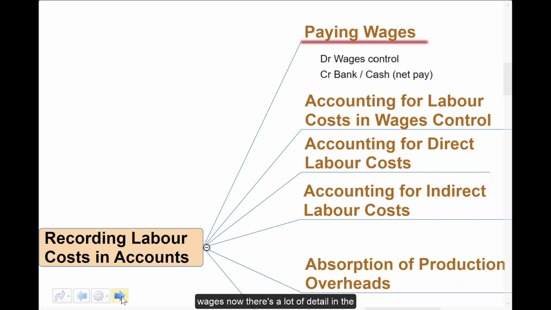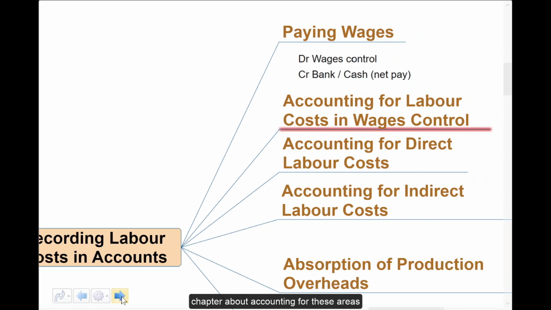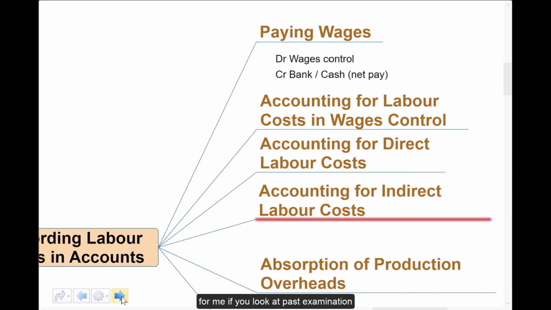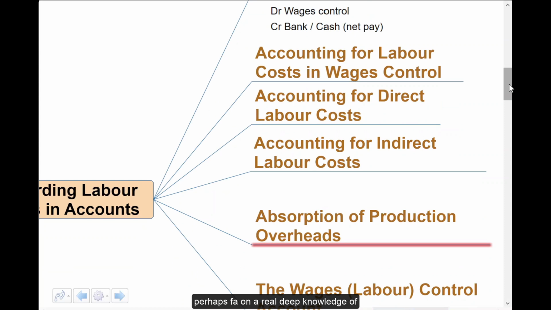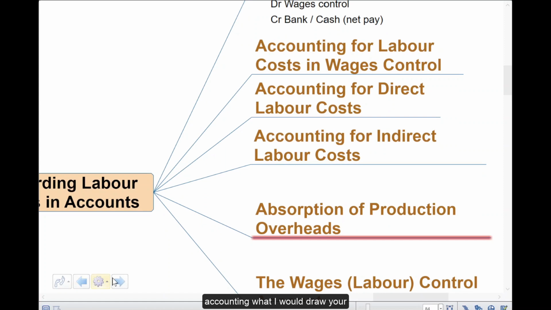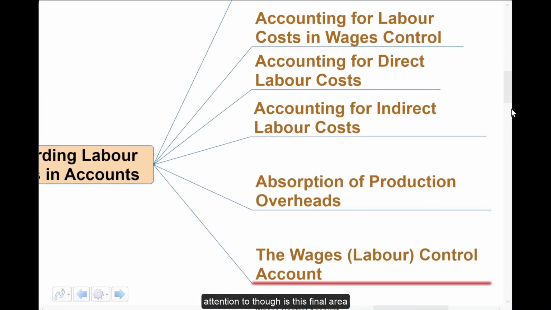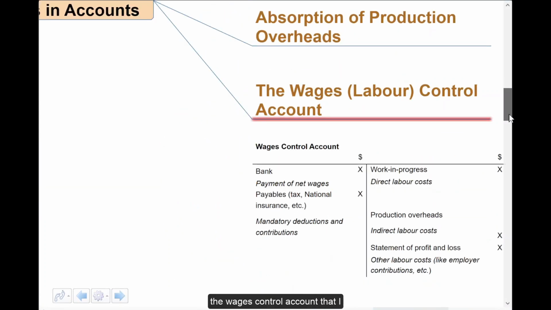Now, there's a lot of detail in the chapter about accounting for these areas. For me, if you look at past examination questions for MA, they're not regularly examined. I draw you to them, but the MA exam is not really focused, unlike perhaps FA, on a real deep knowledge of accounting. What I would draw your attention to, though, is this final area, the wages control account that I mentioned up top.